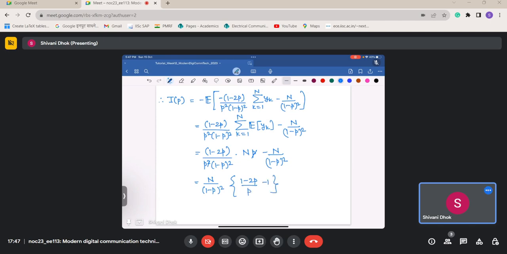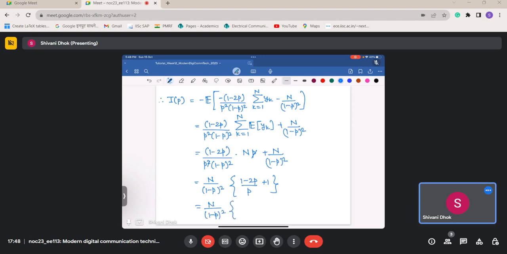So there is something wrong here. Yeah, plus plus plus. So this comes out to be 1 upon (1 minus p) whole square.